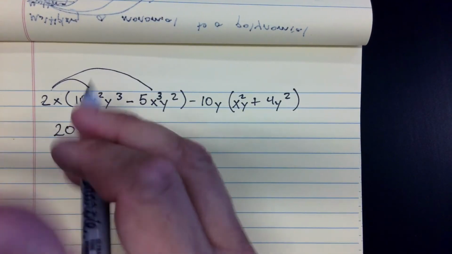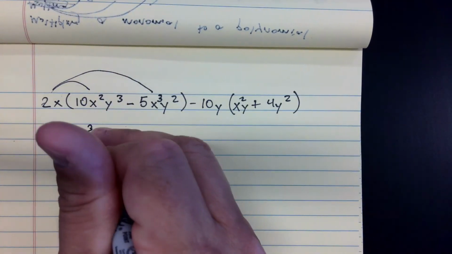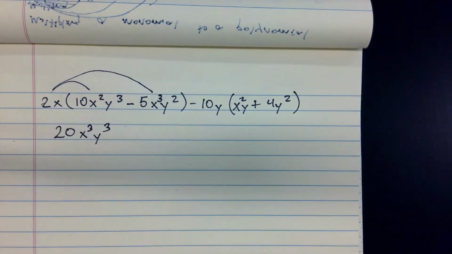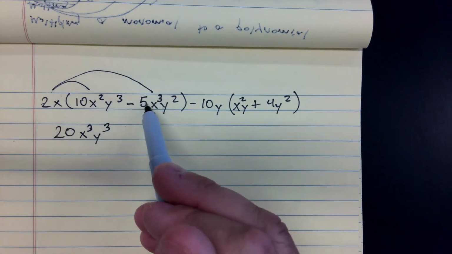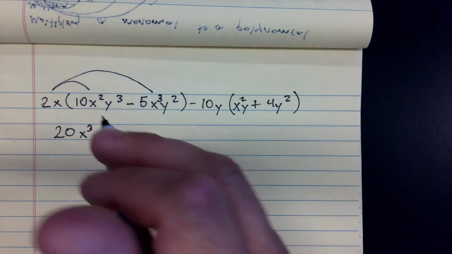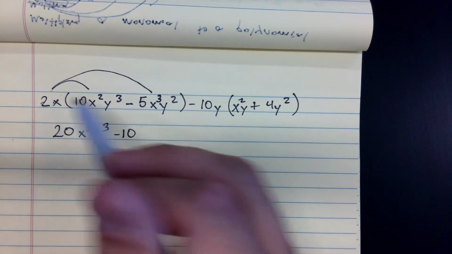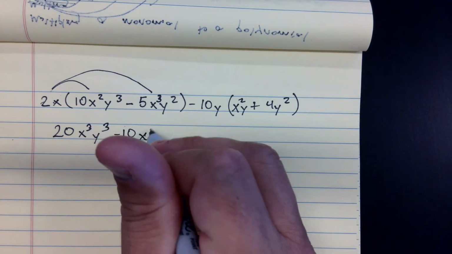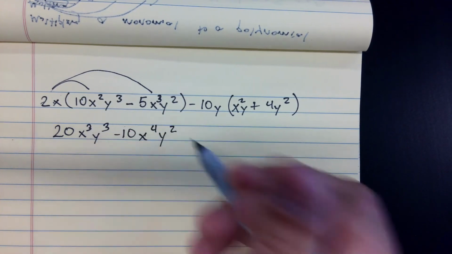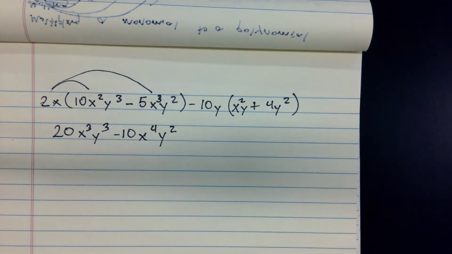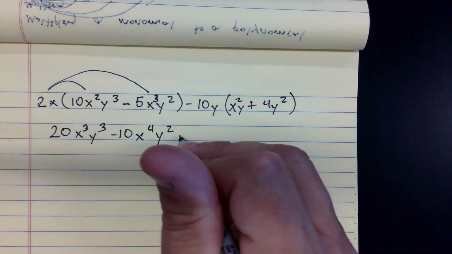X cubed, and there's no y, so the y just comes down. Everyone see that? 2x times negative 5x cubed y squared: 2 times negative 5 is negative 10, x times x cubed is x to the 4th, and the y just becomes part of it. So far, so good?